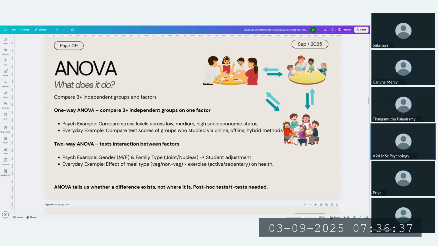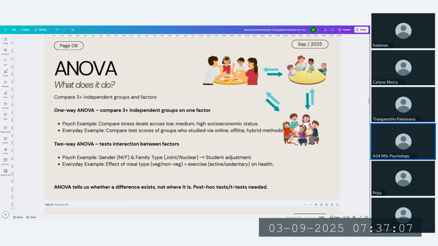Two-way ANOVA will, for example, look at student adjustment levels based on gender and family type. You're answering the question: are male students from joint families better adjusted than male students from nuclear families? Or female students from joint families?